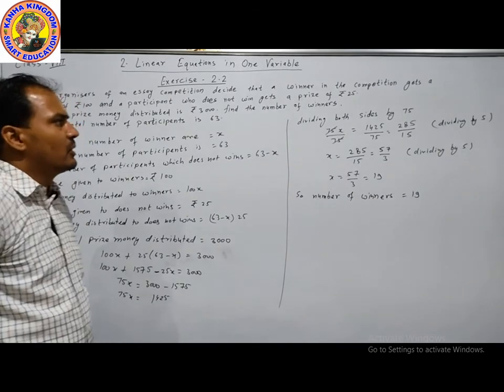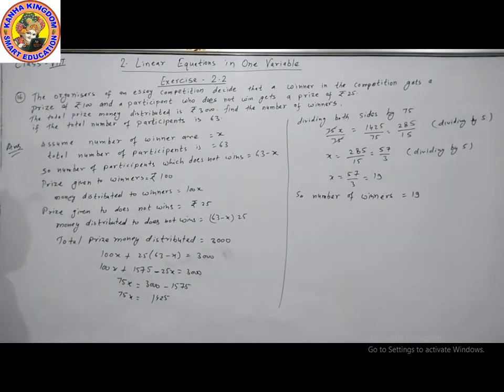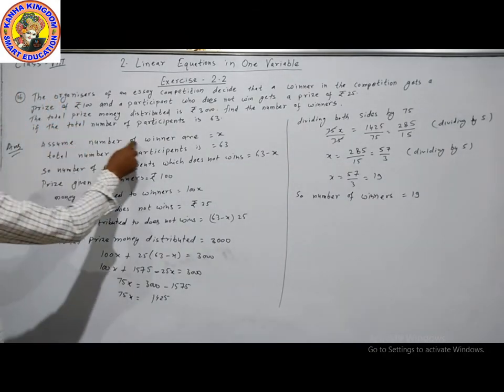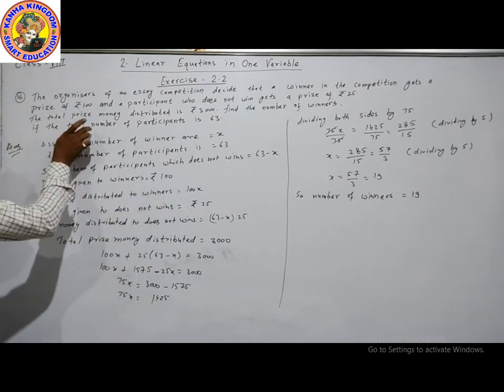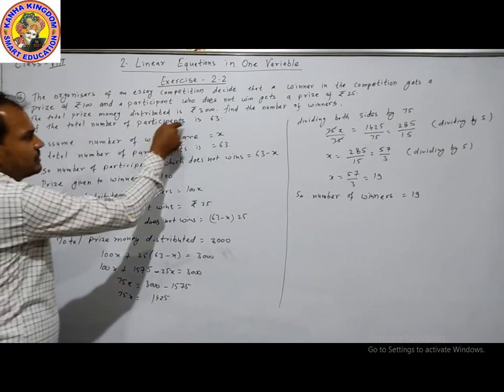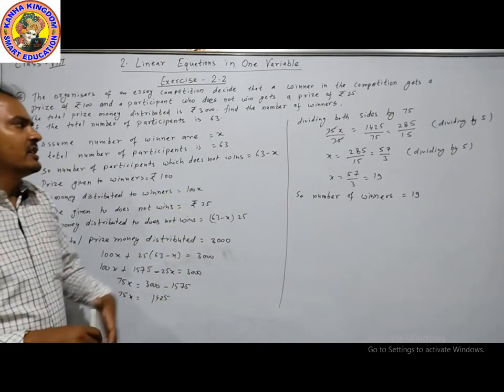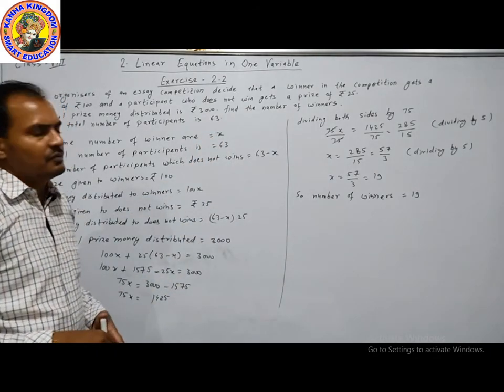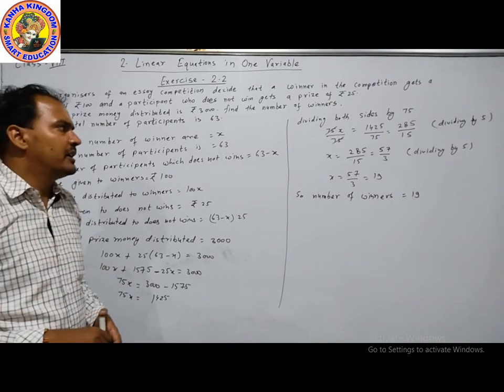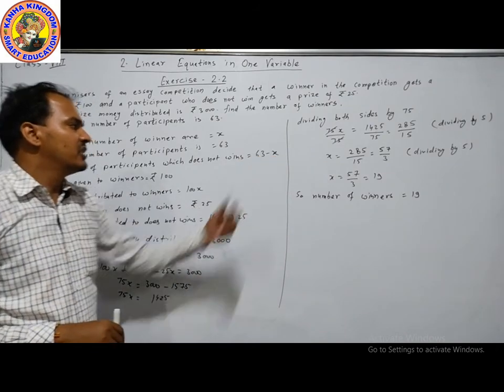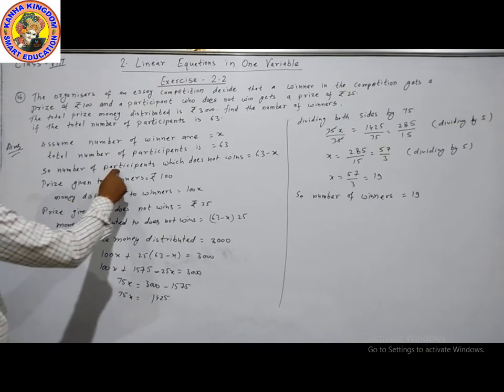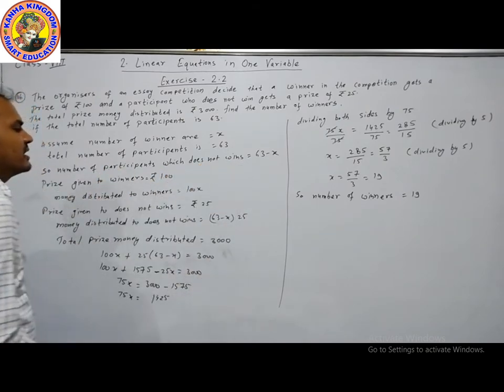Find the number of winners. So we take the number of winners as X. In the question, the total number of participants is 63, in which X are winners. Then the number of participants who do not win is 63 minus X.